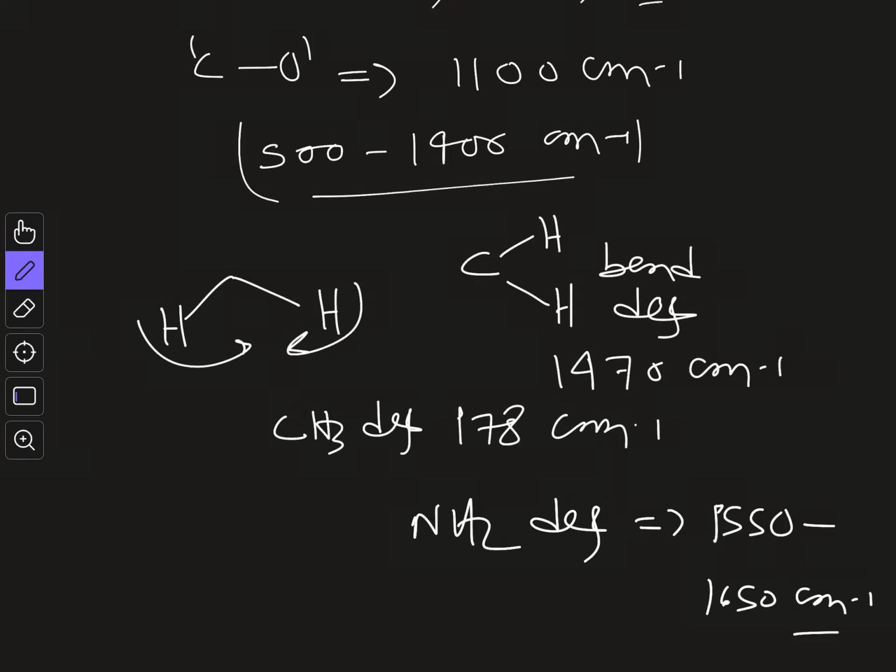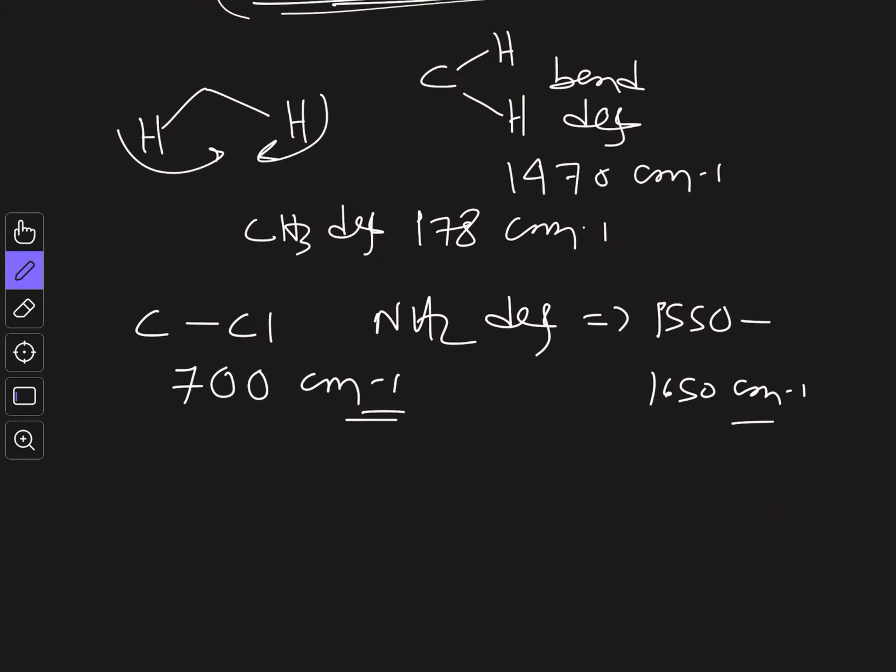So this is the bending region. All this 500 to 1400 is a messed up region. There are a lot of frequency values. One interesting value here is the CCl bond. For it there is a peak at 700 centimeter inverse, and this is a characteristic peak. So by analyzing this peak we can say whether a CCl bond is there or not. This is the region which is called the fingerprint region.